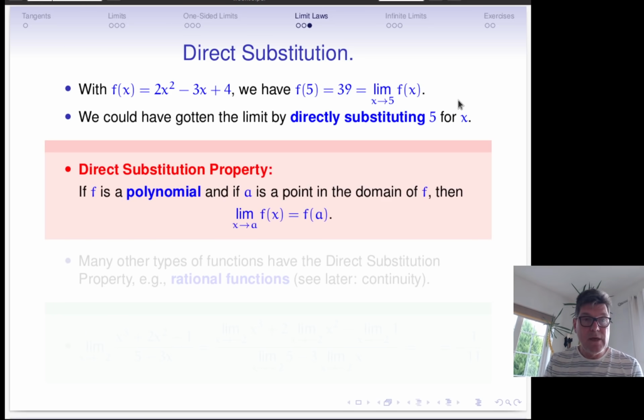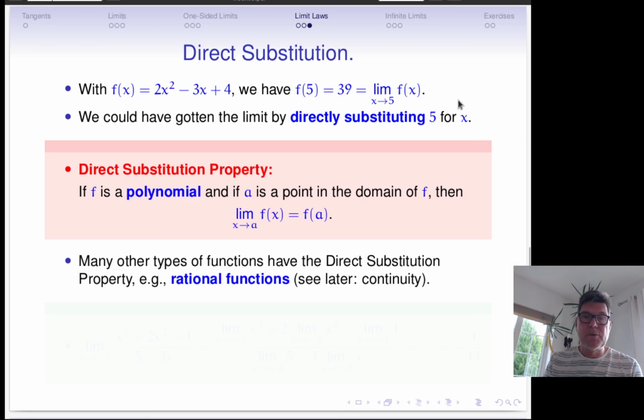If f is a polynomial and a is a point in its domain, then the limit as x approaches a of f of x is just f of a. For a polynomial, the limit can be calculated by simply evaluating the polynomial at the point a.